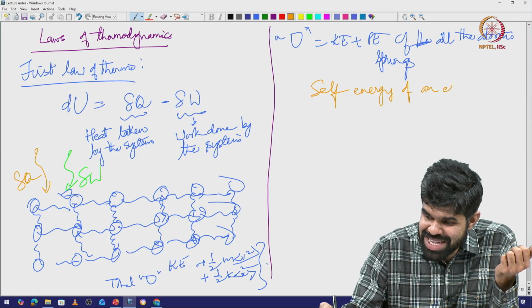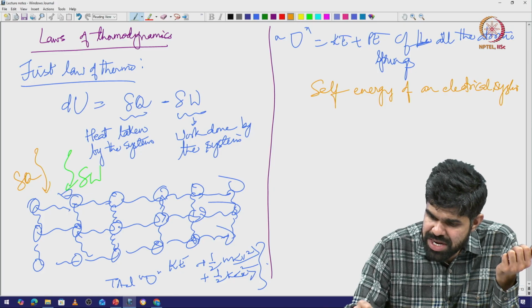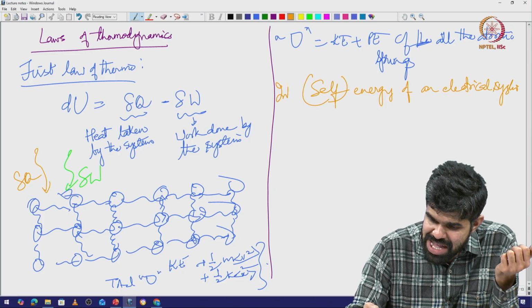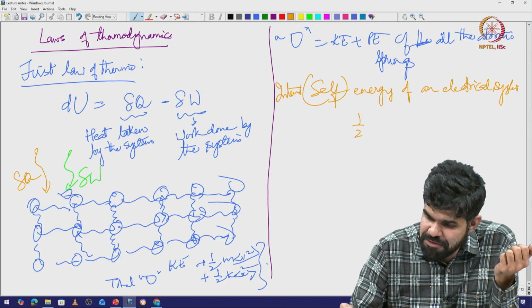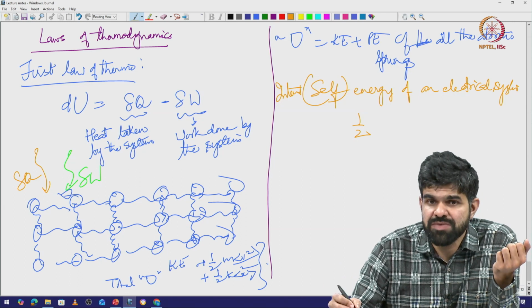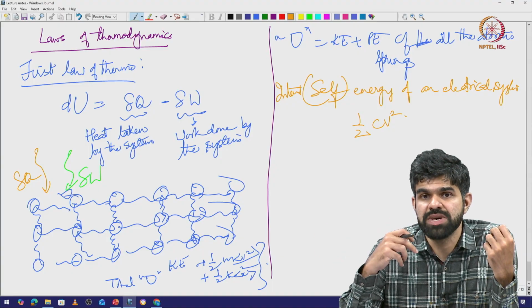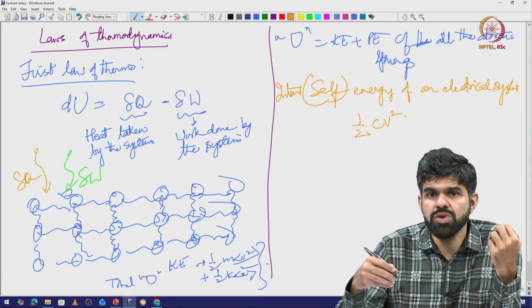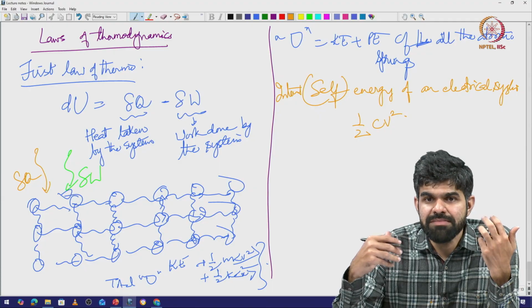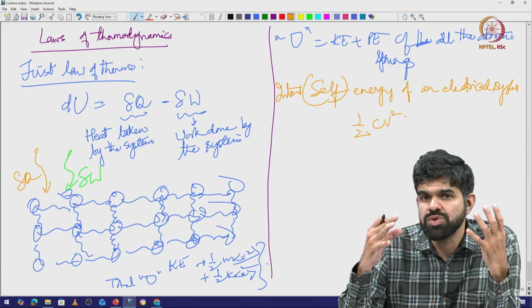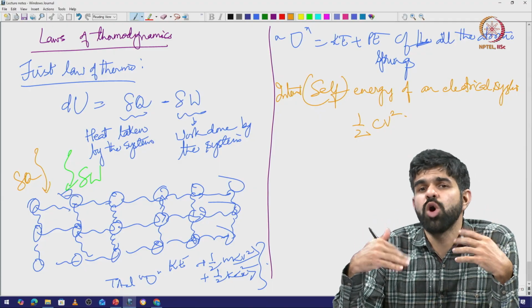of an electrical system, right. So that internal energy is nothing but half CV square, or half capacitance times the voltage square, right. So the first law of thermodynamics does not tell me what is the origin of this internal energy.